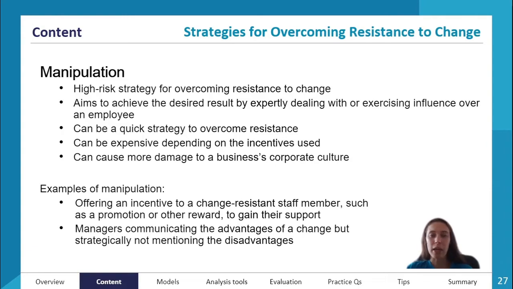Manipulation. This is where we get to our high risk strategy for overcoming resistance. And when you think of manipulation in everyday language, this is the exact same thing. You're aiming to achieve the result that you want, so overcoming that resistance by strategically dealing with or exercising your influence and power over an employee.